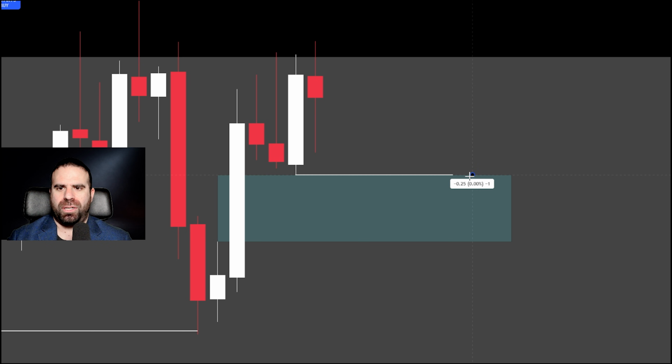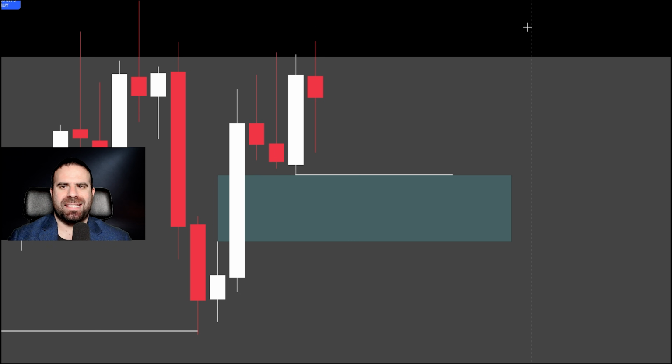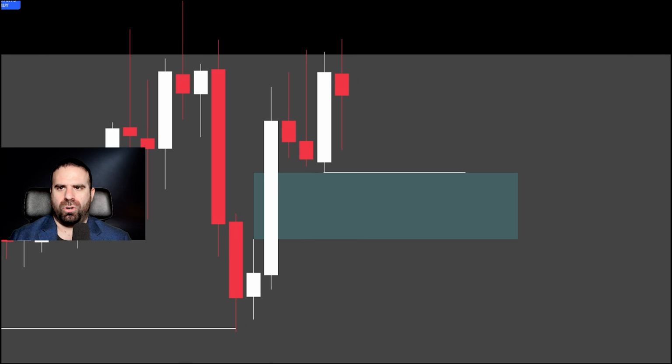The pending order will be going right here with the stop loss. I will tell you, wait for the stop loss, I'm not gonna tell you yet. So your pending order is gonna be going right there, and you will be targeting at least a 3-to-1 reward to risk. So let's wait to see where the stop loss goes.